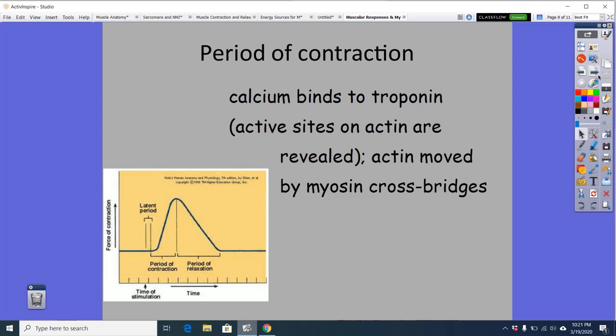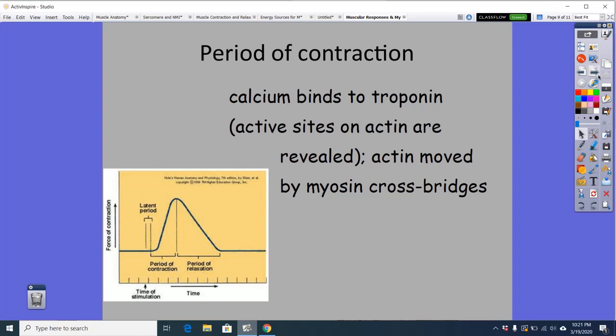Now, once that calcium is into the sarcoplasm, it's come out of the voltage-gated calcium channels of the terminal cisternae. It's floating in the sarcoplasm. Now, in the period of contraction, we've got to contract. The steps that cause contraction are: calcium binds to troponin, that shifts tropomyosin out of the way.